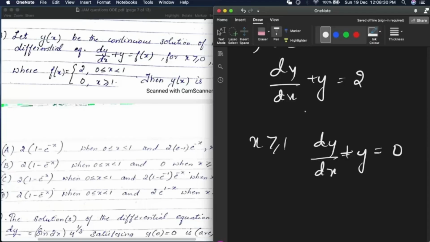So anyway, it is linear only. No, variable separable, no? It's variable separable. It's easy. dy by dx is equal to 2 minus y is what you get.